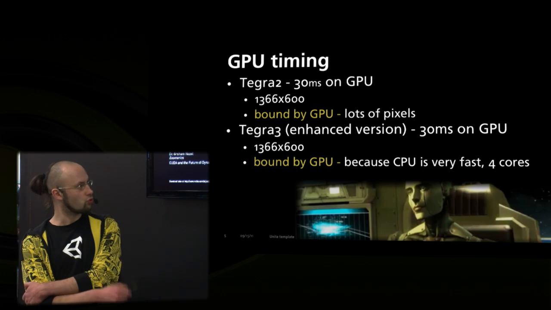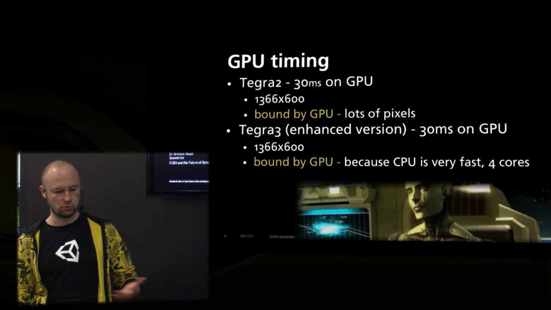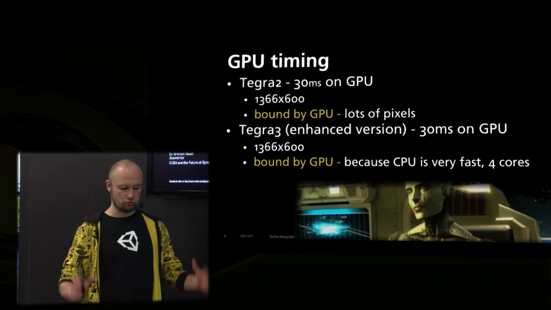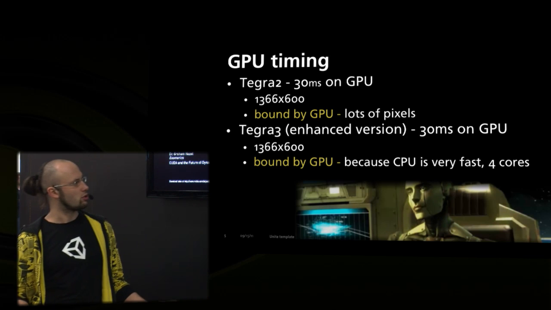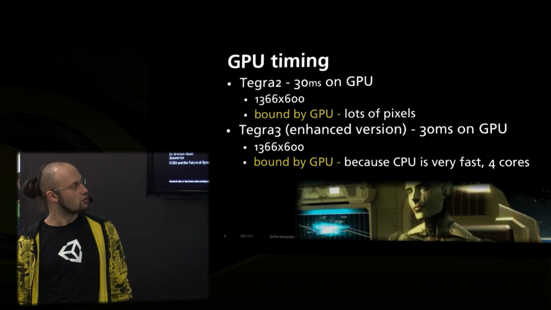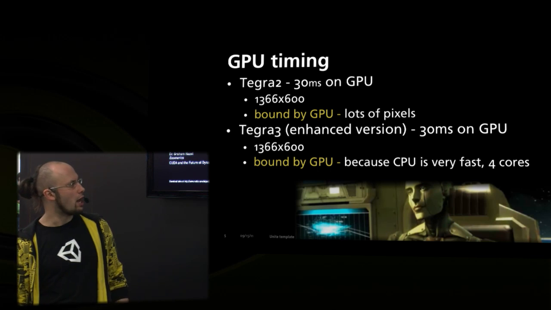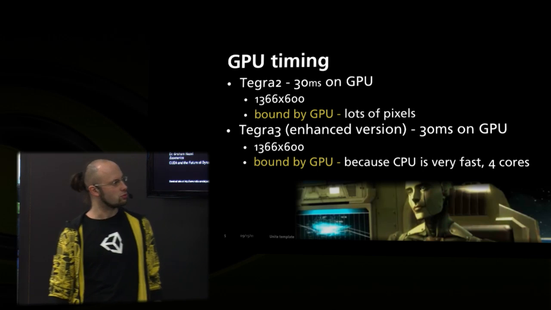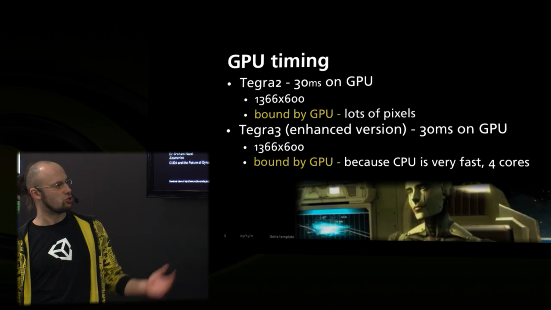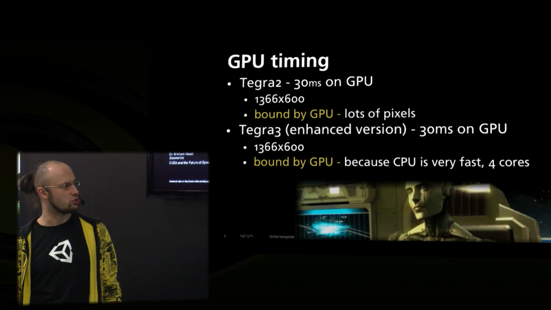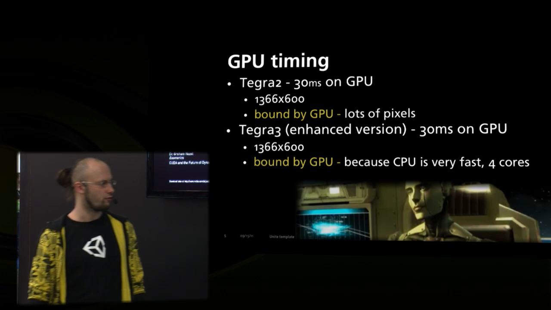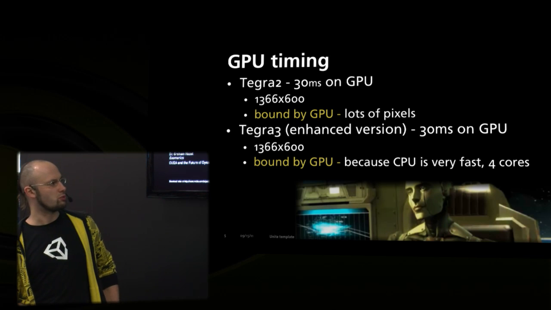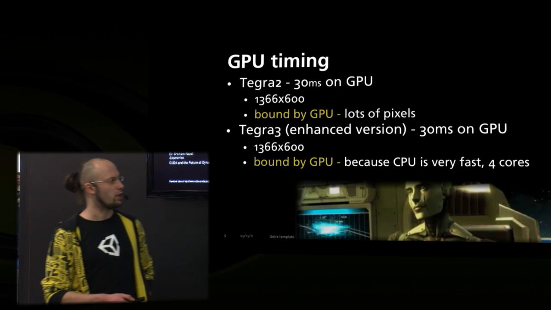On Tegra 2 it's GPU bound because there are quite a lot of pixels, and on Tegra 3 tablets tend to have quite high resolution screens for such hardware. On Tegra 3 we crammed as much as possible into the picture, but it's not CPU bound because Tegra 3 has very fast 4 cores. So the main time we spent was optimizing the GPU time.